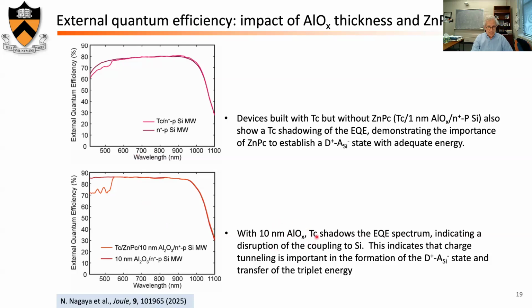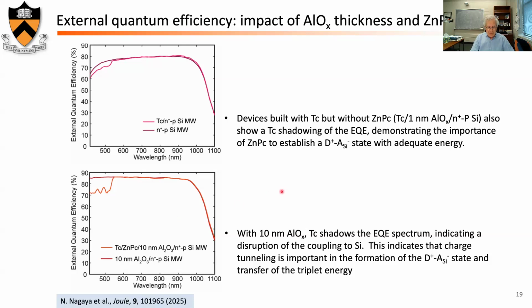And also with a much thicker aluminum oxide, again, you're disrupting the tunneling of the carriers through the oxide, and the EQE decreases.